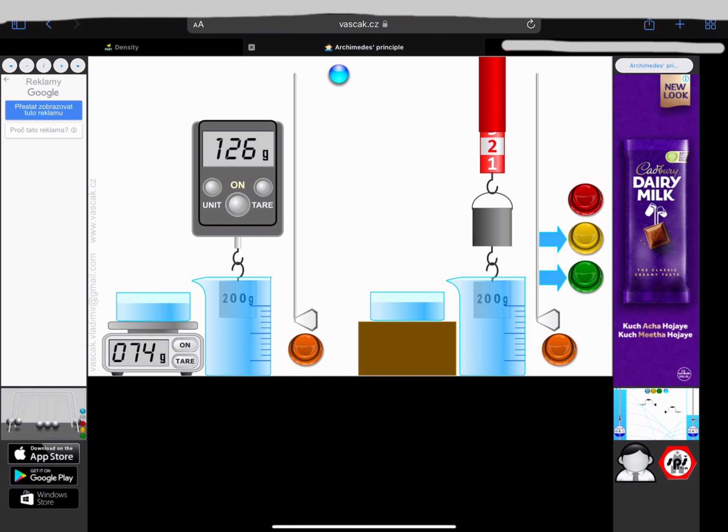And 74 is here in the container. From your measuring cylinder, the liquid has moved to the dish, which is on the scale and showing 74. So this 74 gram of water, which you can calculate in terms of weight as well, has been removed by this block, and this is nothing but the upthrust.